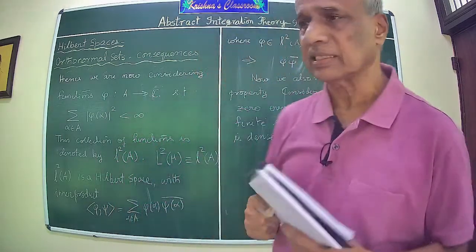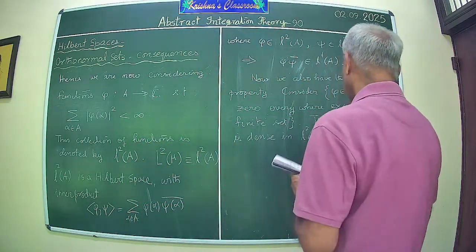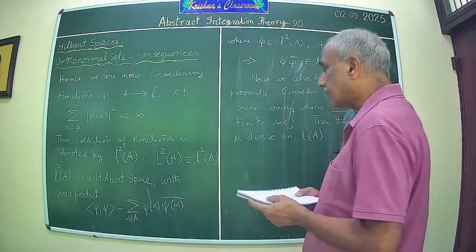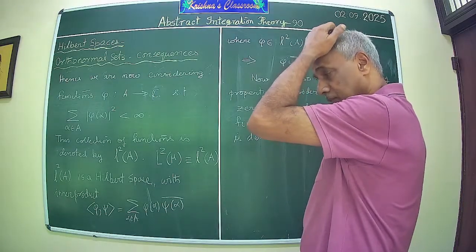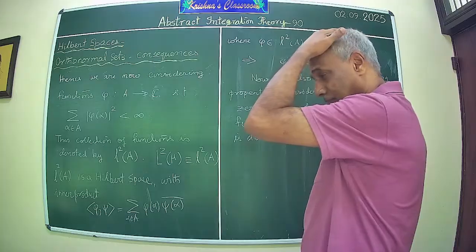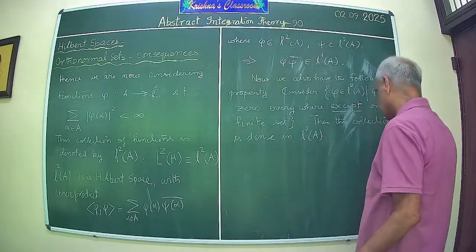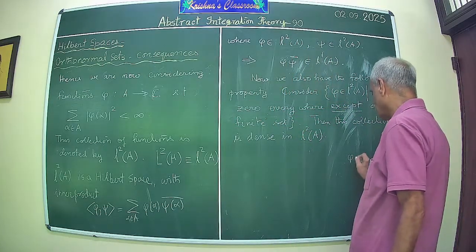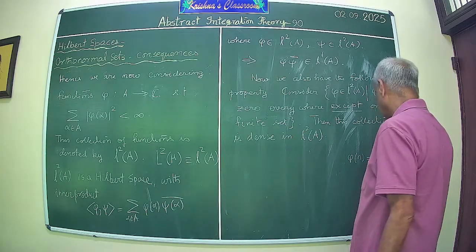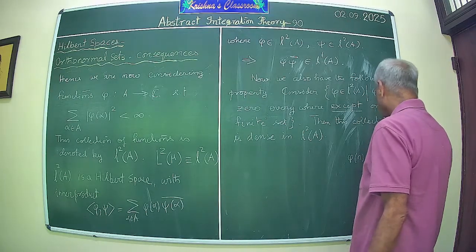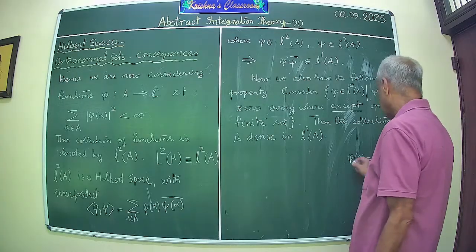Such functions are L2 functions certainly, but that alone does not constitute the entire class of L2 functions. For example, you take phi n defined as 1 by n. Then what is this sequence?